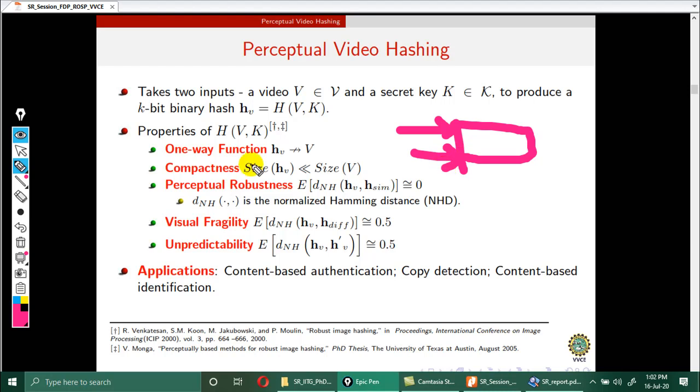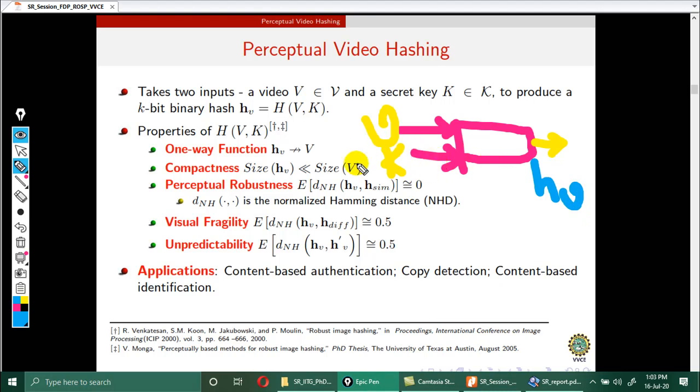One is a video and the other one is the secret key k, to produce a hash, a perceptual hash based on the perceptual content.